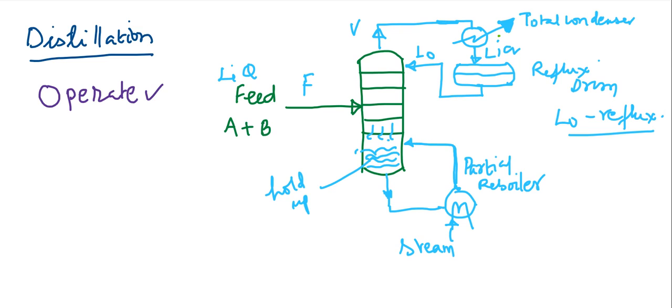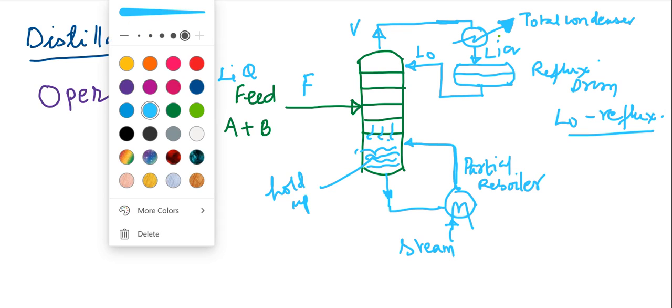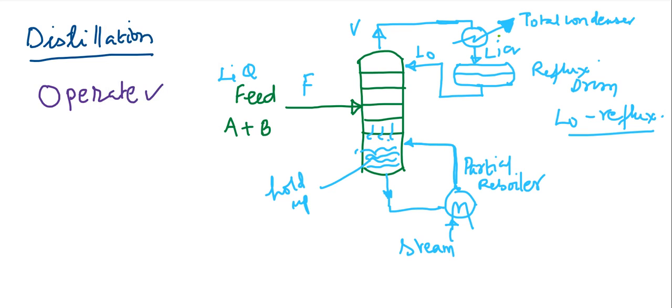How long should I run this particular setup? Now we are trying to bring the column into equilibrium. Equilibrium means, as we said, A is more volatile.